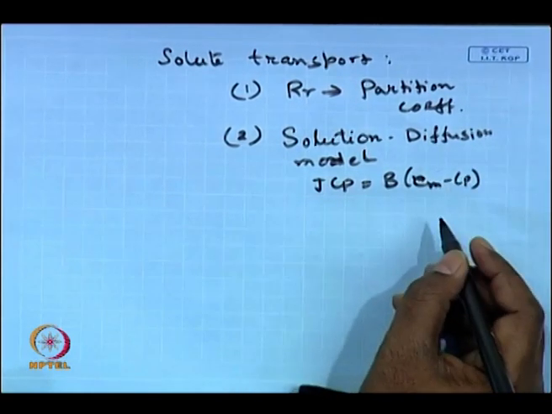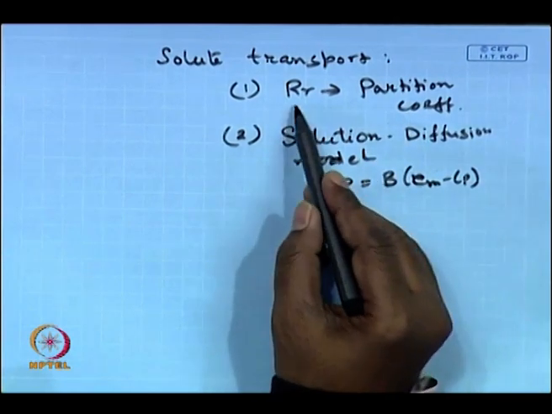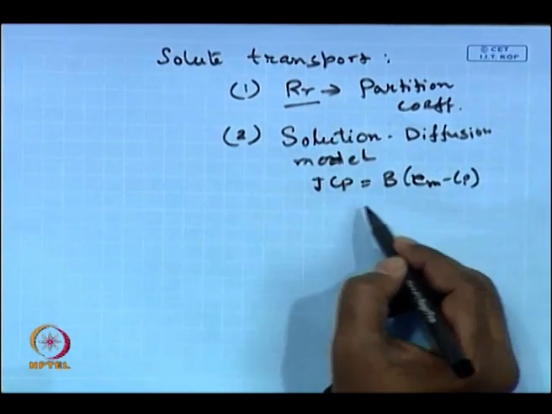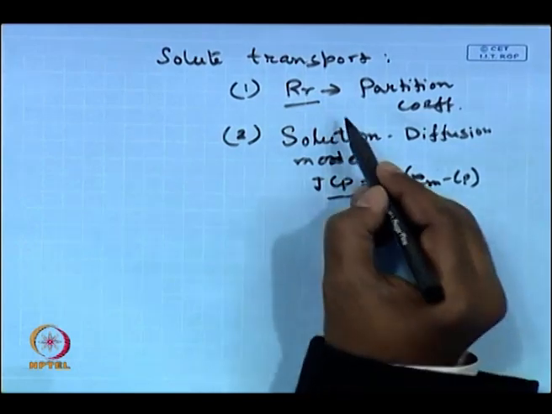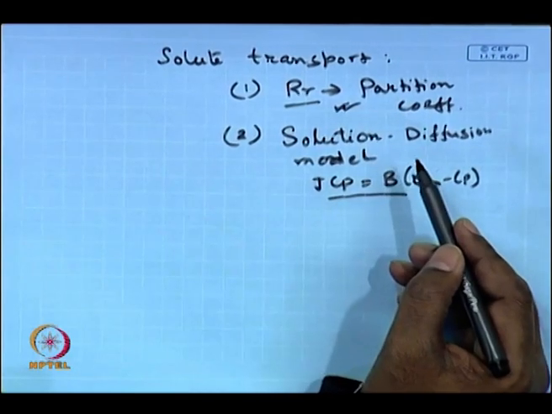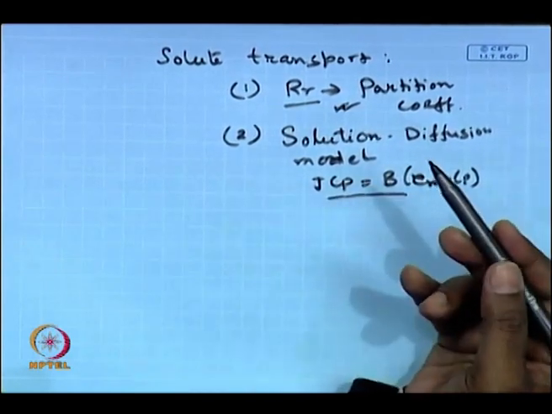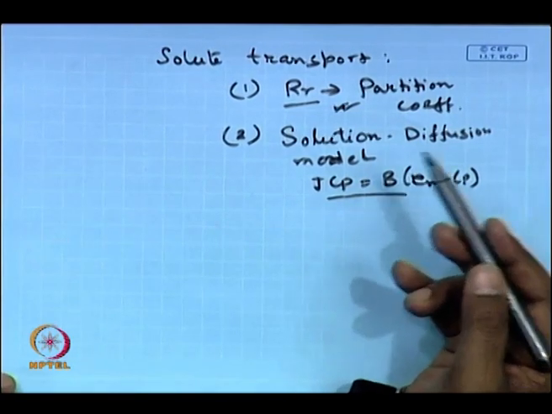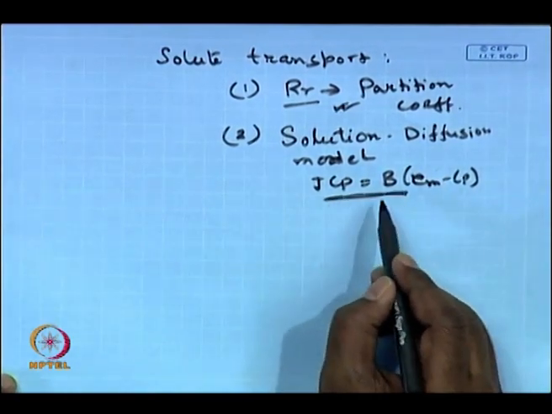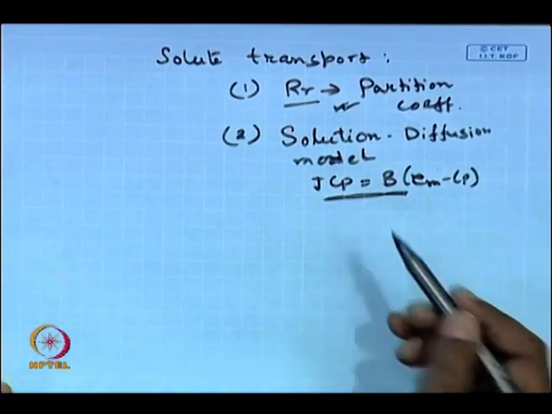So, either you use the real retention, which is very gross because it gives only a partition coefficient and is an ad hoc definition of the relationship between Cm and Cp, or you use the solution diffusion model, which is based on the physics of the system and so is more realistic.